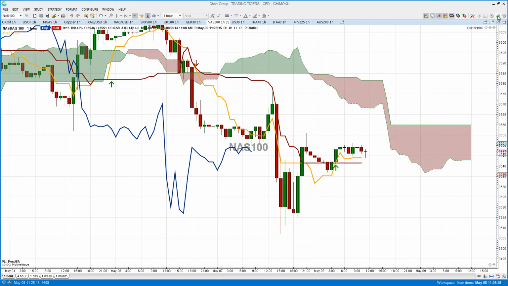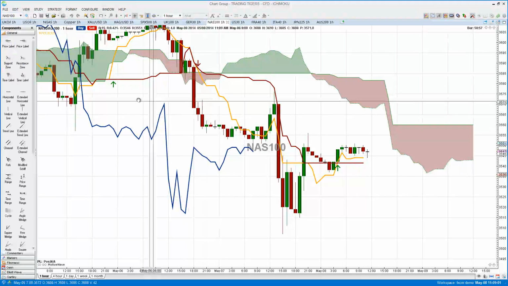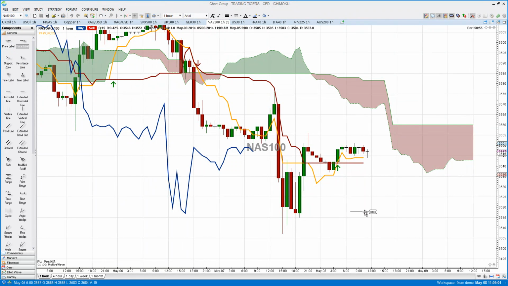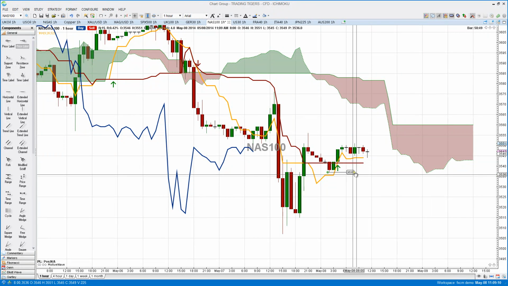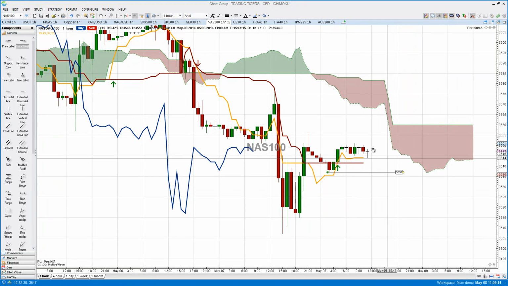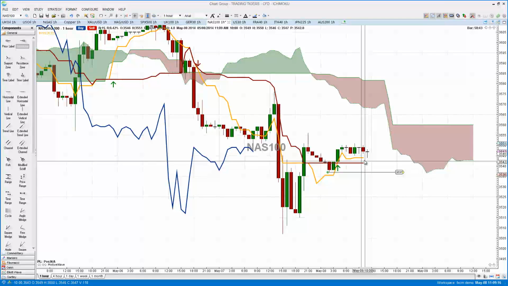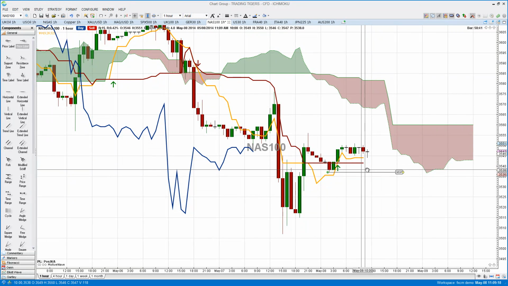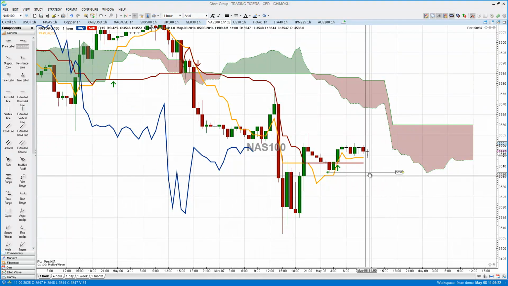What we'll do, we'll actually put a marker there, and we can put our price around here. What we actually want to do is see price cross here and close, and that will give us more confirmation rather than just a cross.